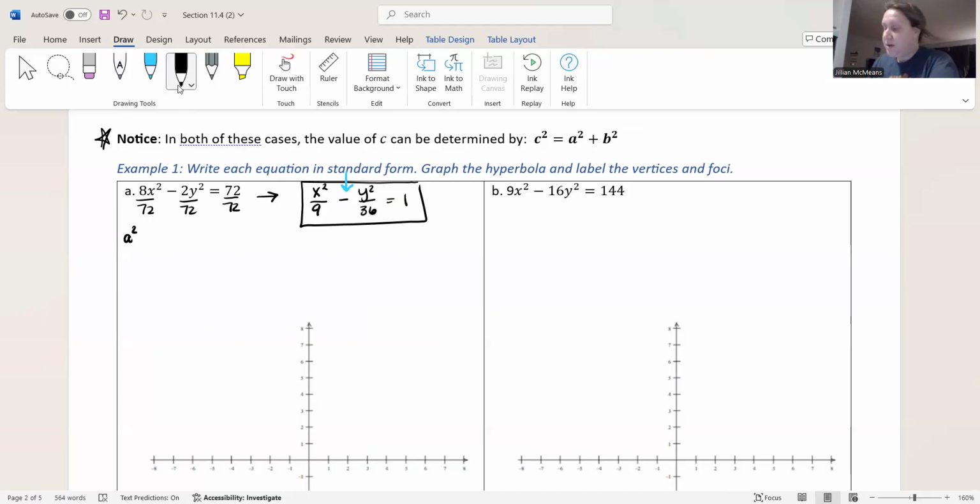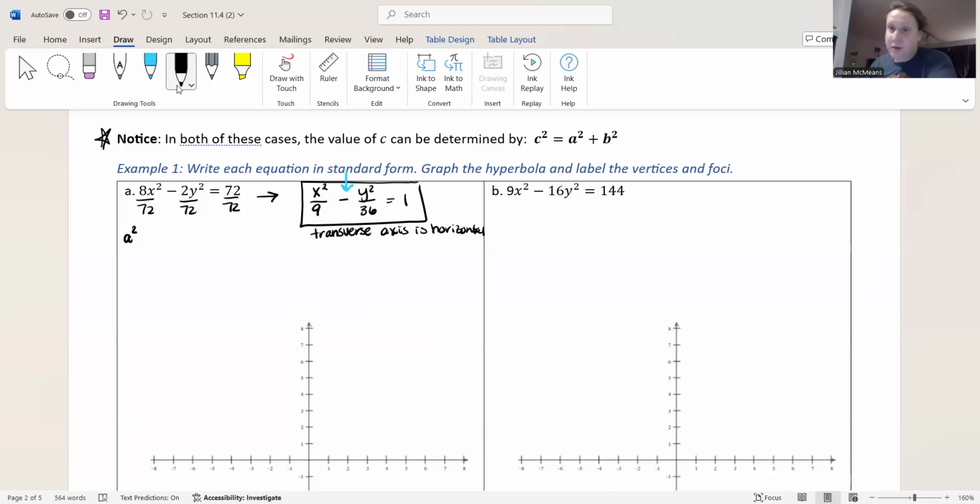So in this case, x is positive, which means the hyperbola is going to open along the x-axis. It's going to open facing the direction of x. Okay? So we know that the transverse axis is horizontal.